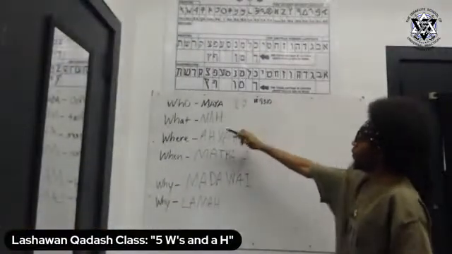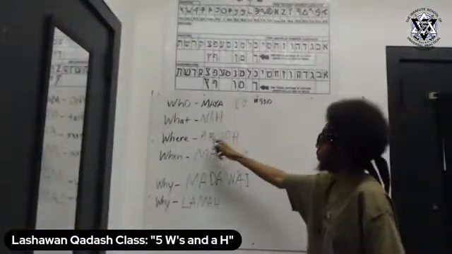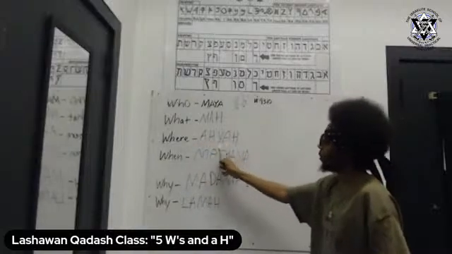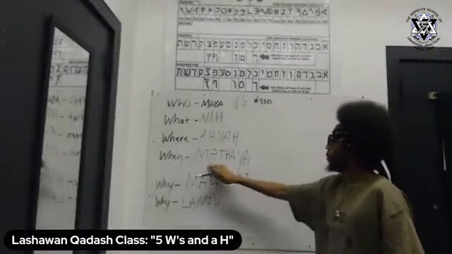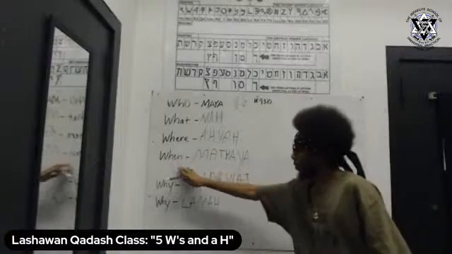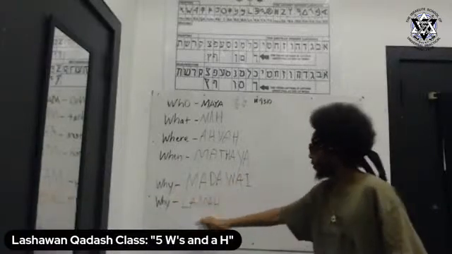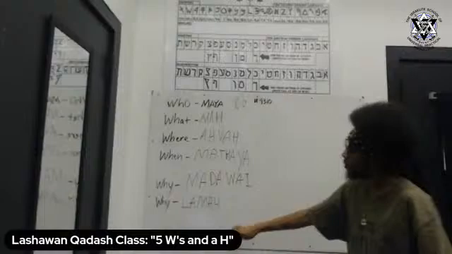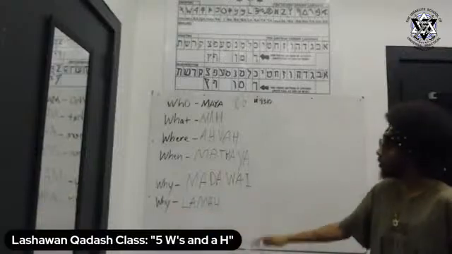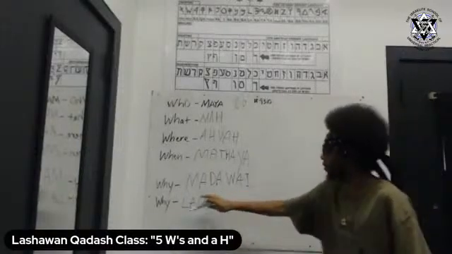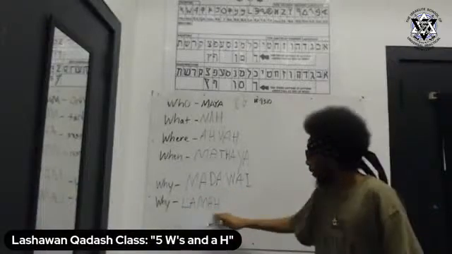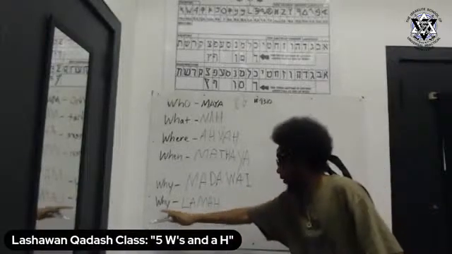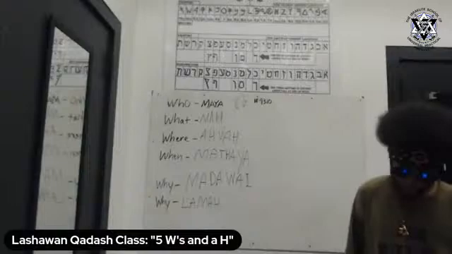All right, so Maya is going to be who in Hebrew? The ma is what? The ya is where? Mathaya is going to be when? The first Y, Madawai. Y, Lama. And it sounds so funny because Madawai is Y in English, but this is Hebrew. Lama is Y in different contexts, okay?